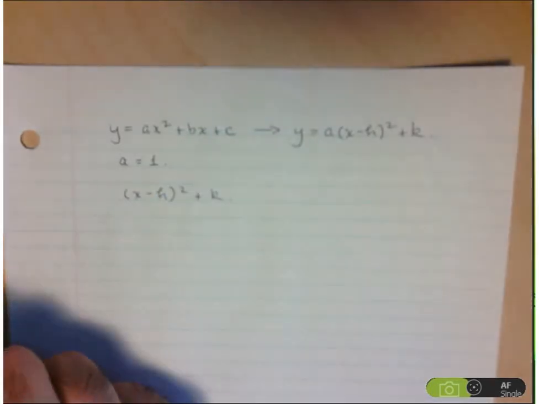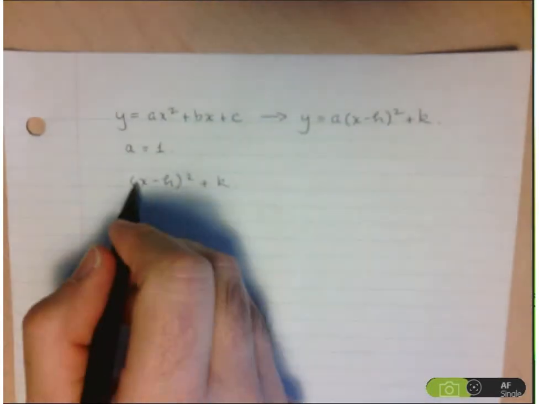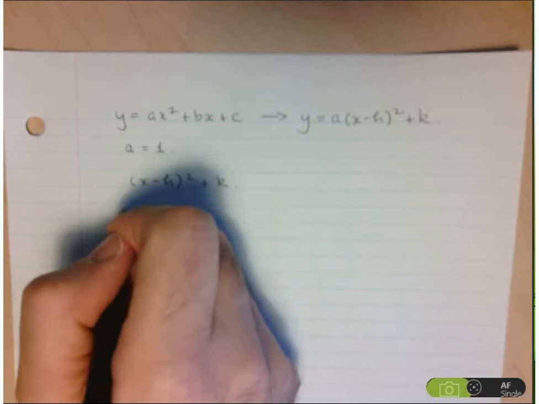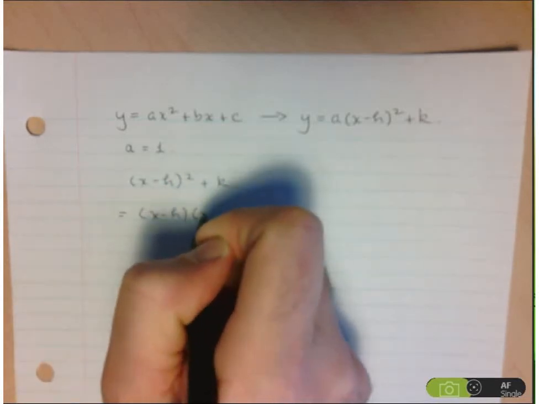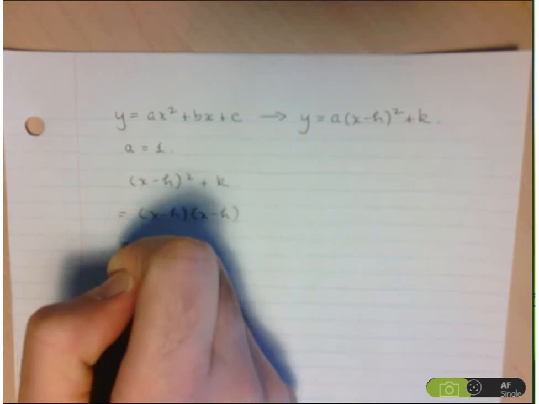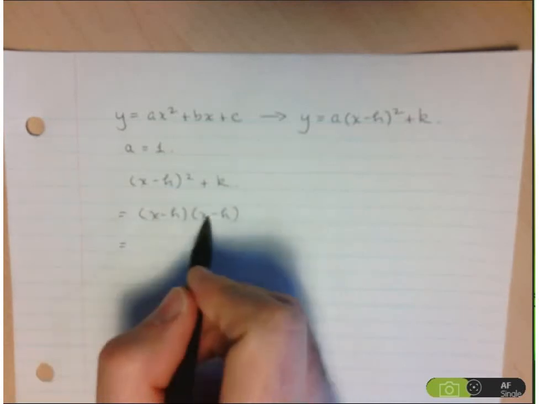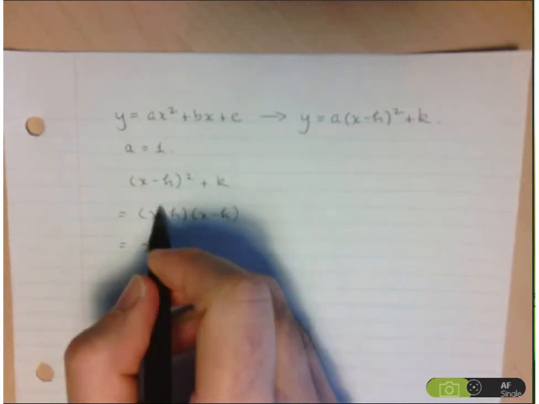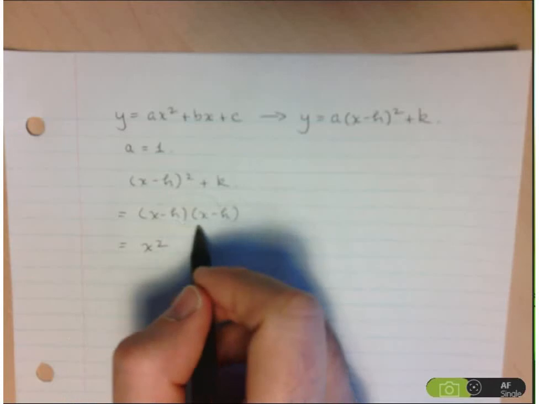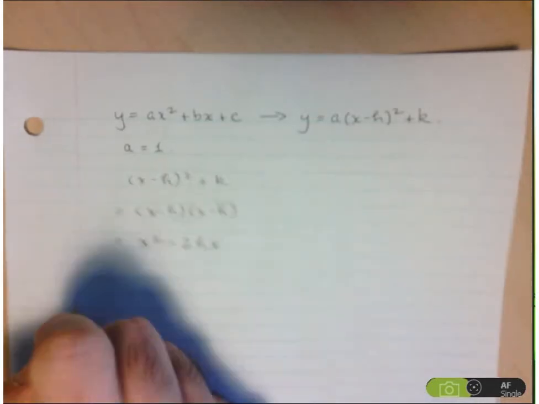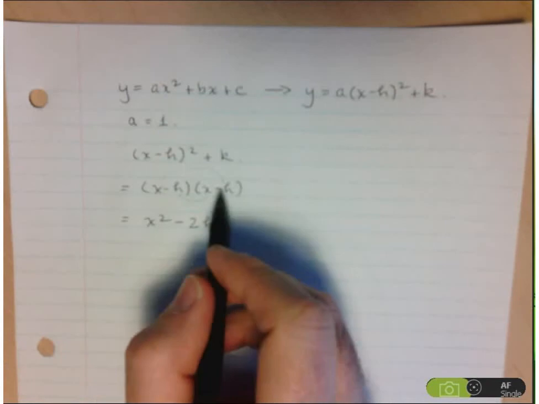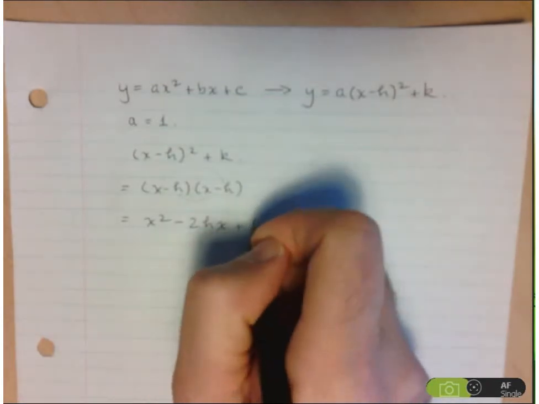If I did want to write that in standard form, I know that I just have to expand this perfect square. So we'll do that, x minus h times x minus h. And we expand that out, x times x, x squared. Negative hx minus another hx gives me minus 2hx, and then negative h times negative h is plus h squared.